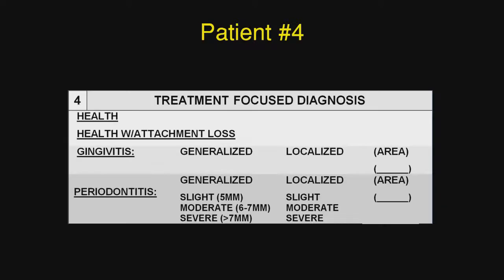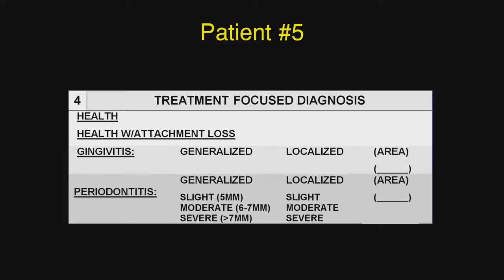Let's look at patient number 4. Patient number 4 has a generalized slight periodontitis. By the treatment-focused diagnosis, we know that we're going to scale and root plane the entire mouth and then have the patient back for reevaluation. What else do we know? This is not going to be a surgical case, and you can reassure the patient on that. Patient number 5 has a generalized moderate periodontitis.